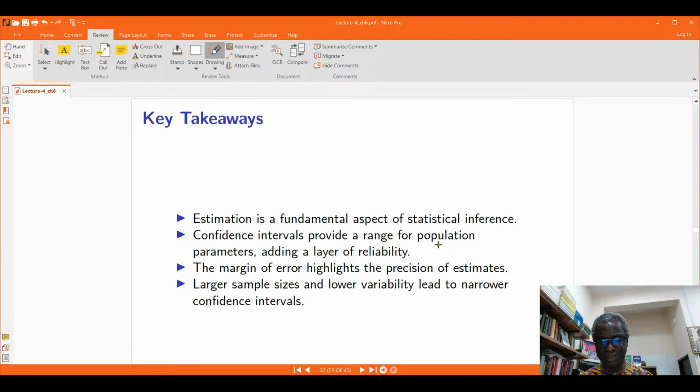What that means is that if you have a large enough sample size, and the variability of the population is very small, then you have a more precise confidence interval. So understanding this concept is critical for making accurate and meaningful inferences in research and practice. Thank you very much. This is the end of this part.